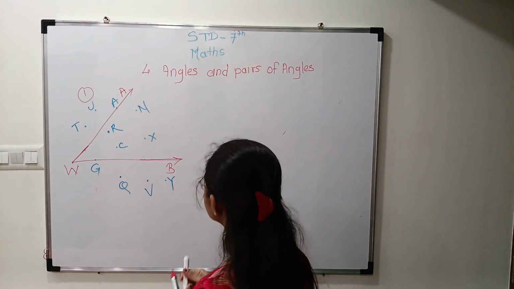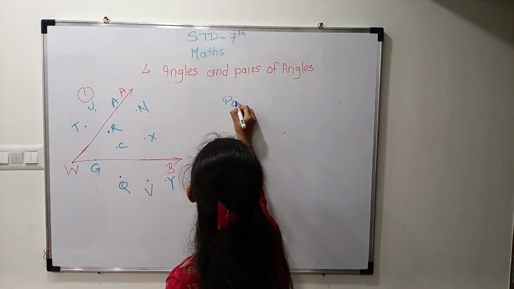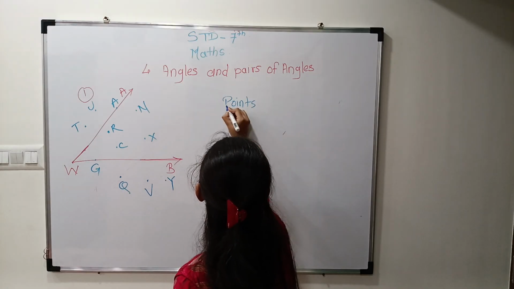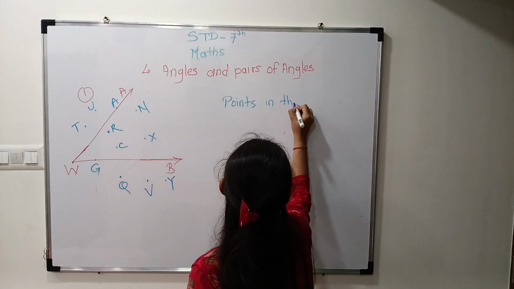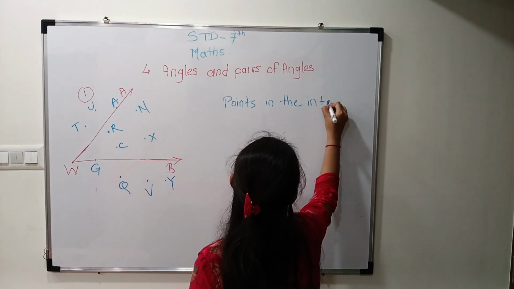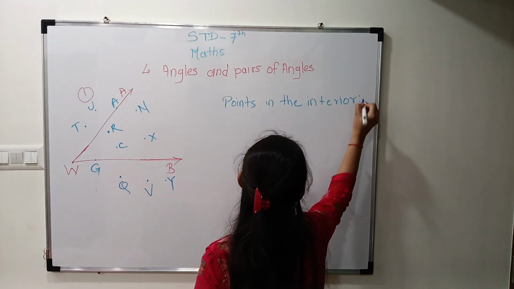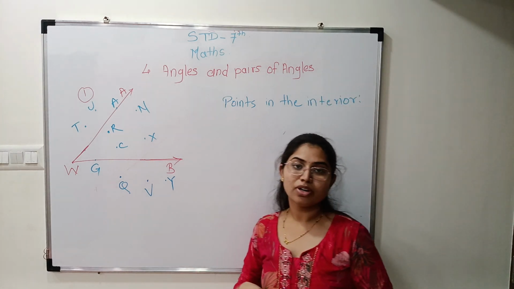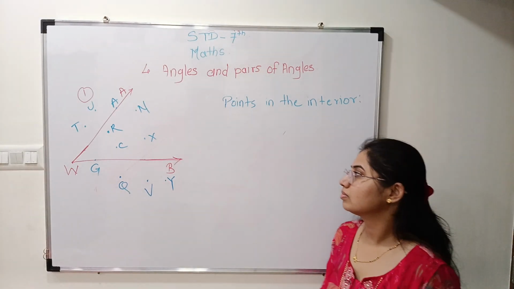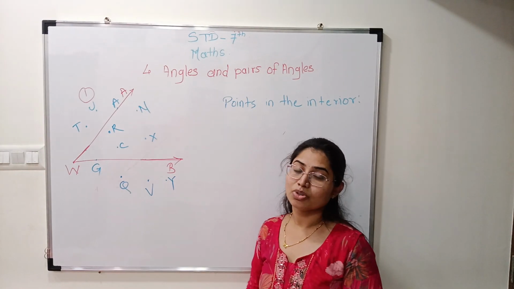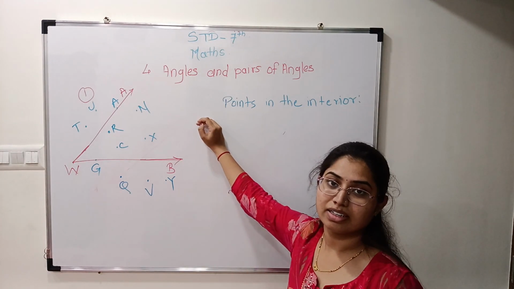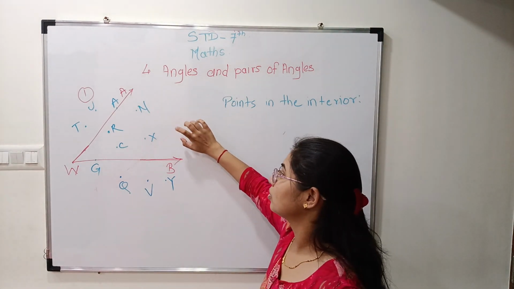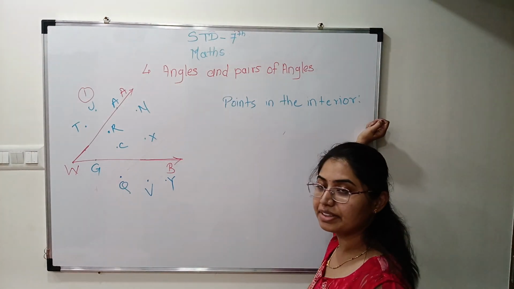Now first, tell me points in the interior. Interior means what? Now only we learned the space inside an angle is the interior. So tell me what points are in the interior.